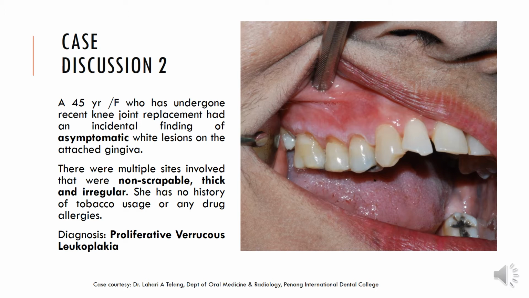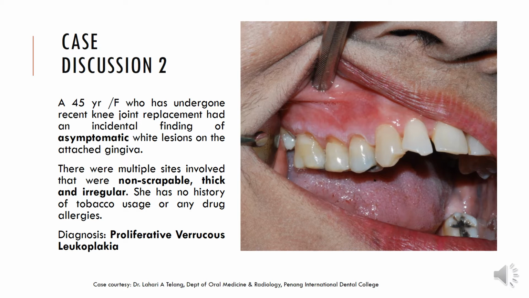What you observe here is that the rest of the mucosa is sparingly involved, yet the gingiva in the posterior first quadrant has a thick keratinized white appearance.